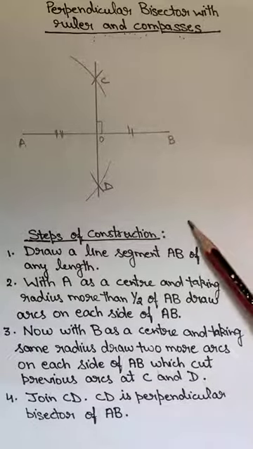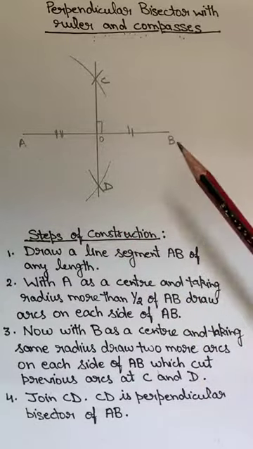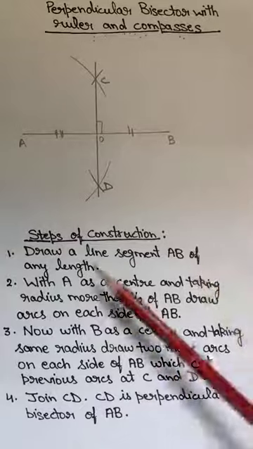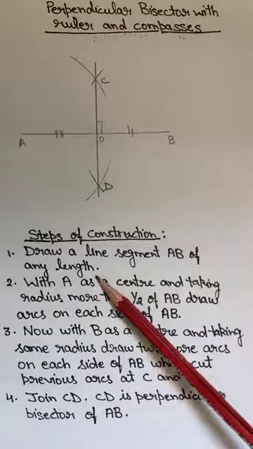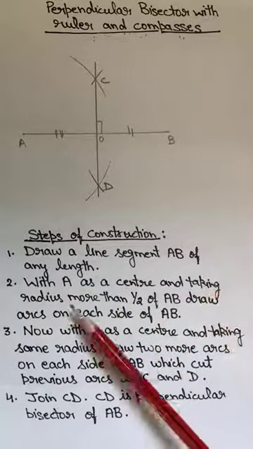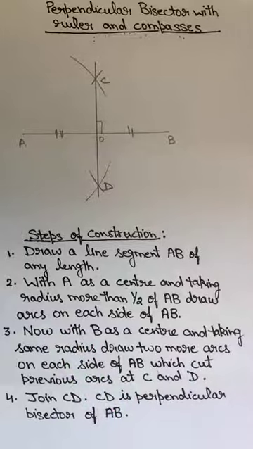Then you have to draw a line segment AB of 10 centimeter. Okay, so here we draw a line segment AB of any length. With A as a center and taking radius more than half of AB, draw arc on each side of AB.